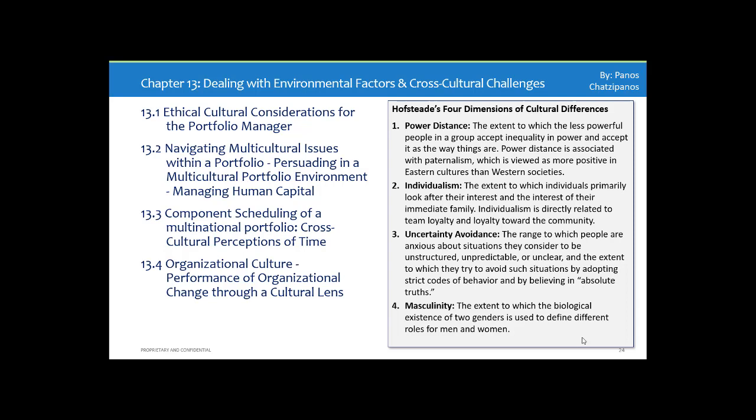The second important phenomenon discussed in the chapter is cross-cultural perceptions of time. For example, some cultures encompass strong beliefs towards respecting deadlines and that events are controlled by planning, so that order is preserved and waste is minimized.